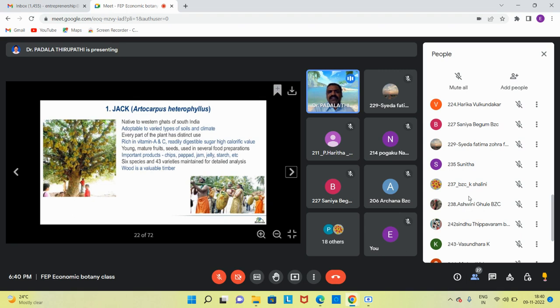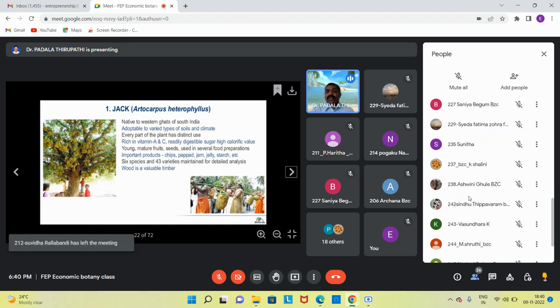Why do we give importance to this jackfruit? Because this fruit contains a rich source of vitamins A and C, readily digestible sugar, and high calorific value. The young and mature fruit seeds are used for several food preparations.